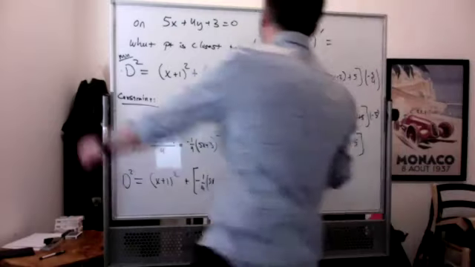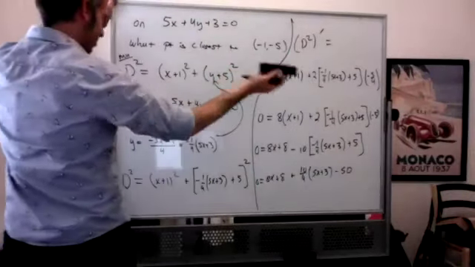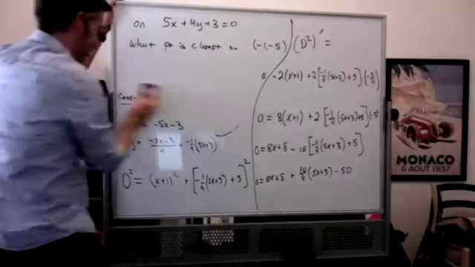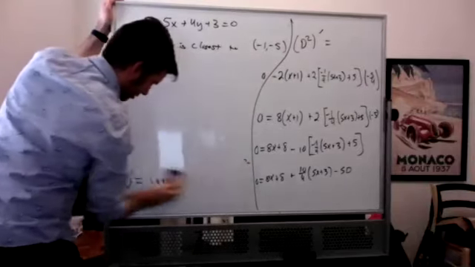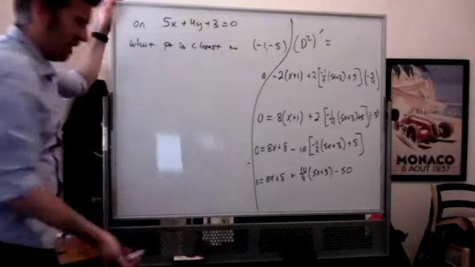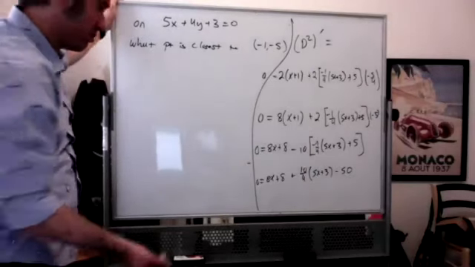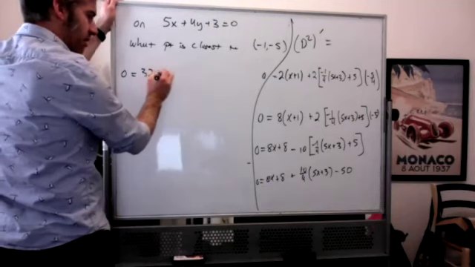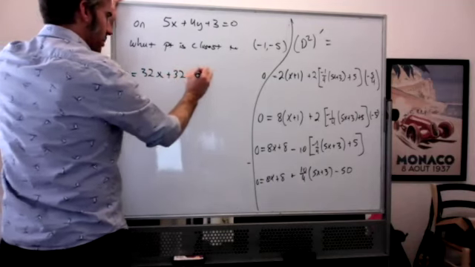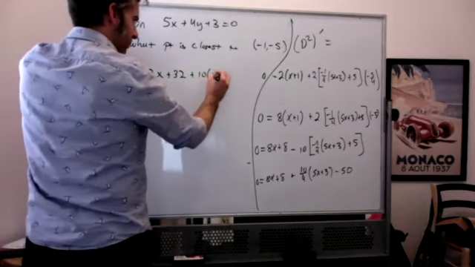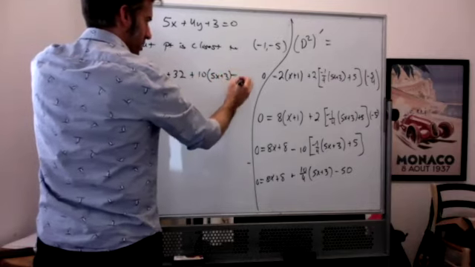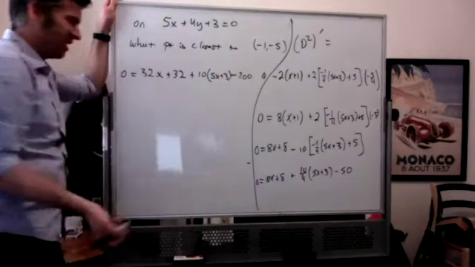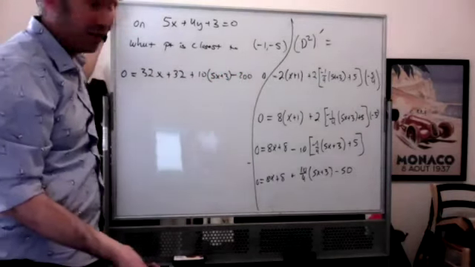I know this problem is taking forever, but I'm going to erase stuff. Yeah, sorry. So then I probably would multiply both sides by 4. So I would say 0 equals 32x plus 32 plus 10 times 5x plus 3 minus 200. It's just easier not to deal with fractions if you can help it.